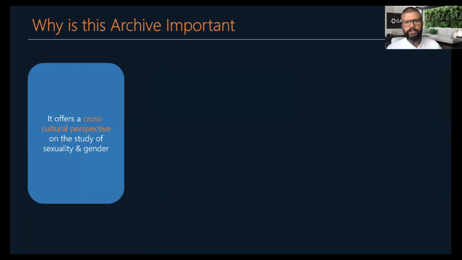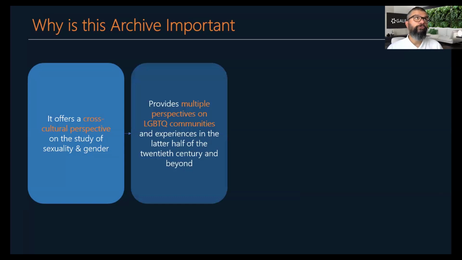All right, let's break it down and talk about why this archive is really important. The Archives of Sexuality and Gender offers a cross-cultural perspective, and it's really important information, especially if you're studying sexuality and gender. It offers multiple perspectives on LGBTQ communities.